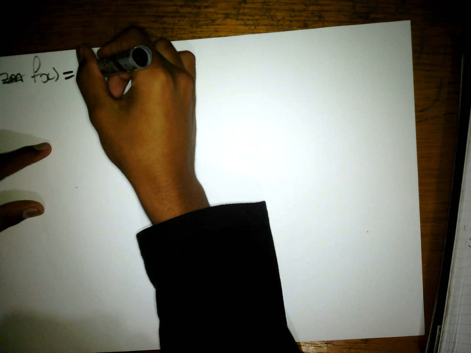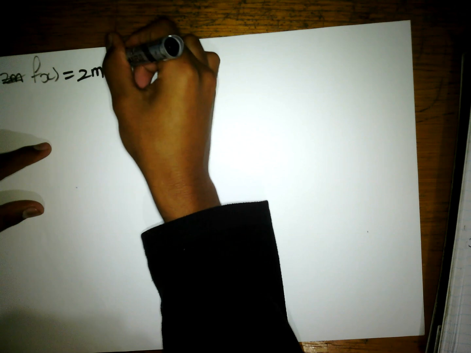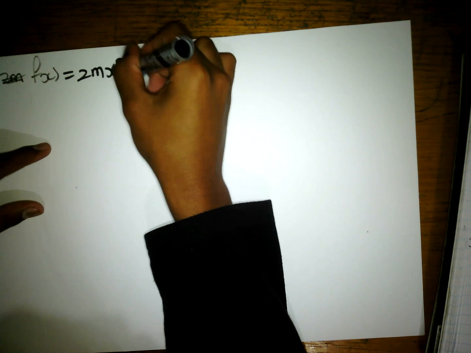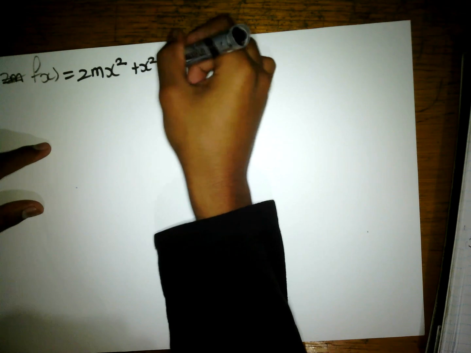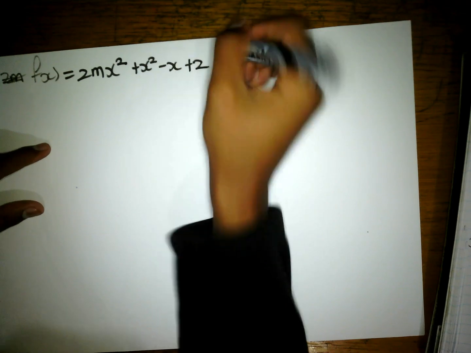This next one is also a factor in the remainder theorem. So we are given f of x equals 2mx squared plus x squared minus x plus 2.